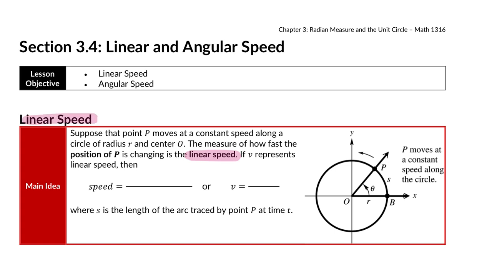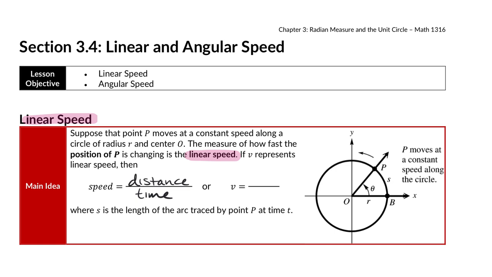If v represents linear speed, v for velocity, even though we're giving it no direction here, speed is going to be equal to distance divided by time, which makes sense to us if you've taken any sort of physics class. Rate is distance over time.